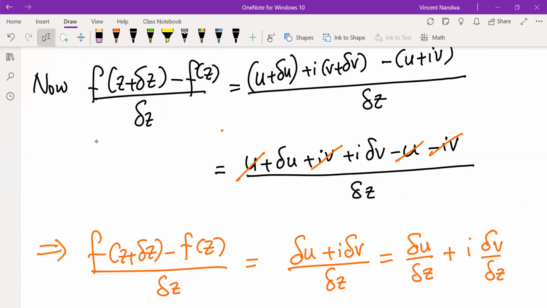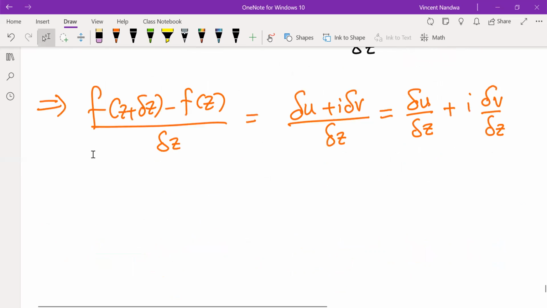Now we say that f of z is analytic. When you say f of z is analytic, you mean that f of z is differentiable.